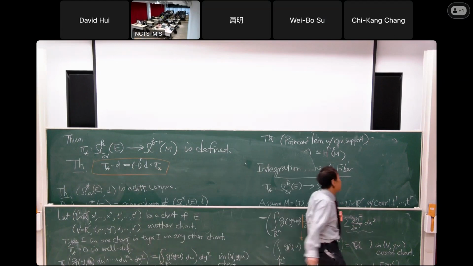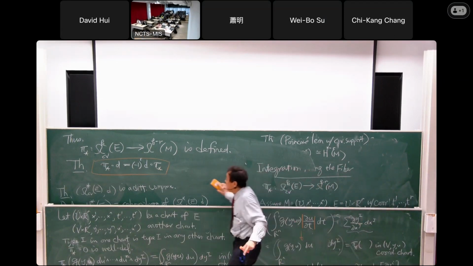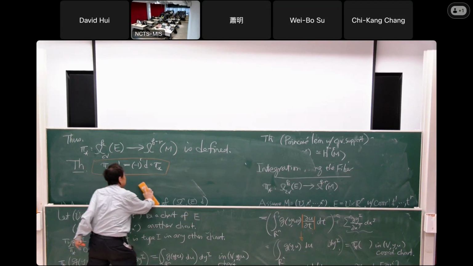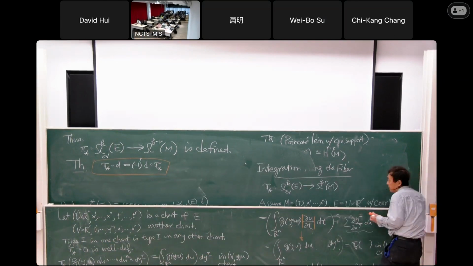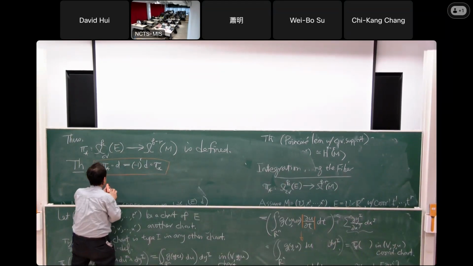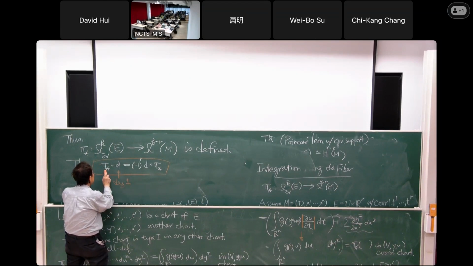And pi lower star lowers the degree by r, so it has degree minus r. d raises the degree by 1. That means as an operator, this has degree 1. And pi lower star has degree r.